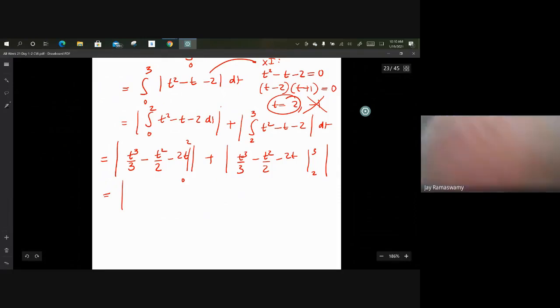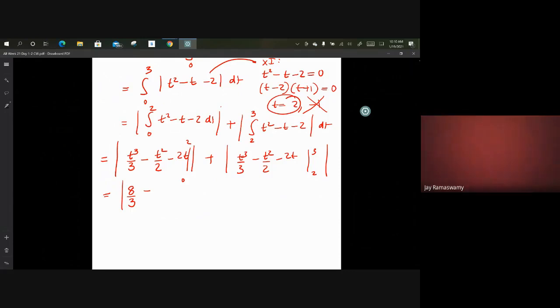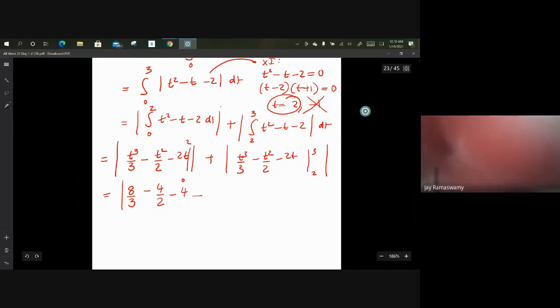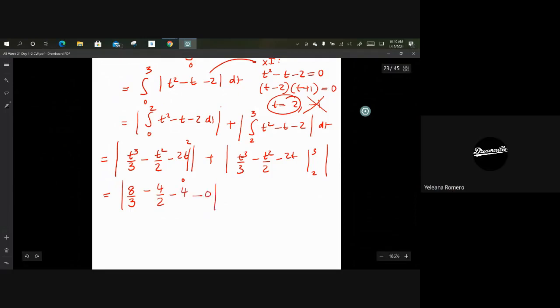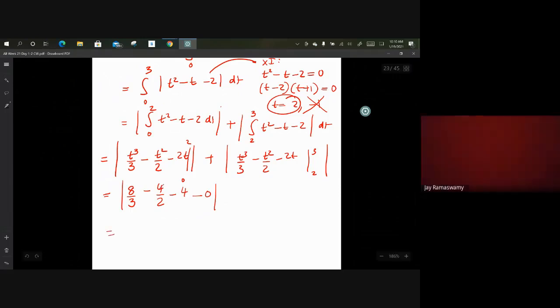Absolute value. 2 cubed is 8, 2 squared is 4 over 2, and 2 times 2 is 4. Minus, is that just 0? Yes. Let's simplify. What's 4 over 2? 2.